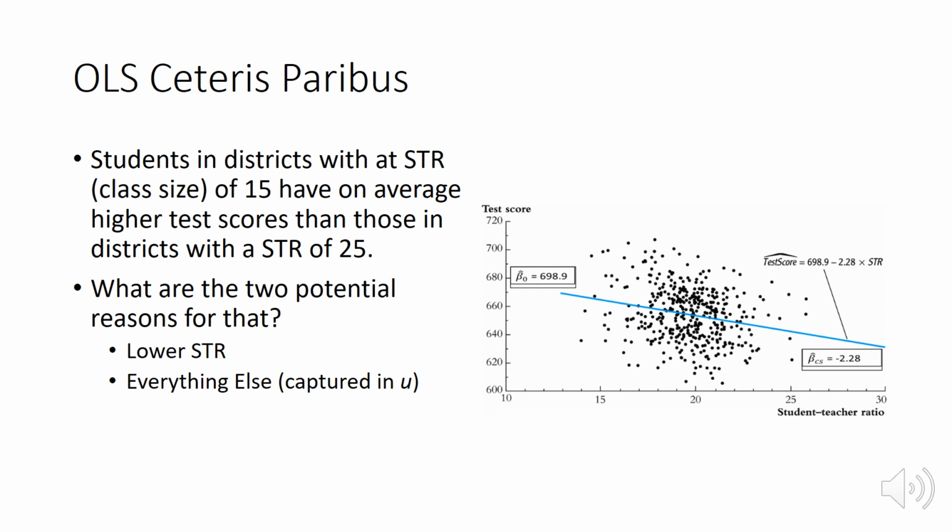And in order for the effect of student-teacher ratio to be causal, in order for it to be identified, in order for us to have ruled out alternative explanations, everything else, which we capture in this U term, needs to be on average equal regardless of school size. Questions so far?